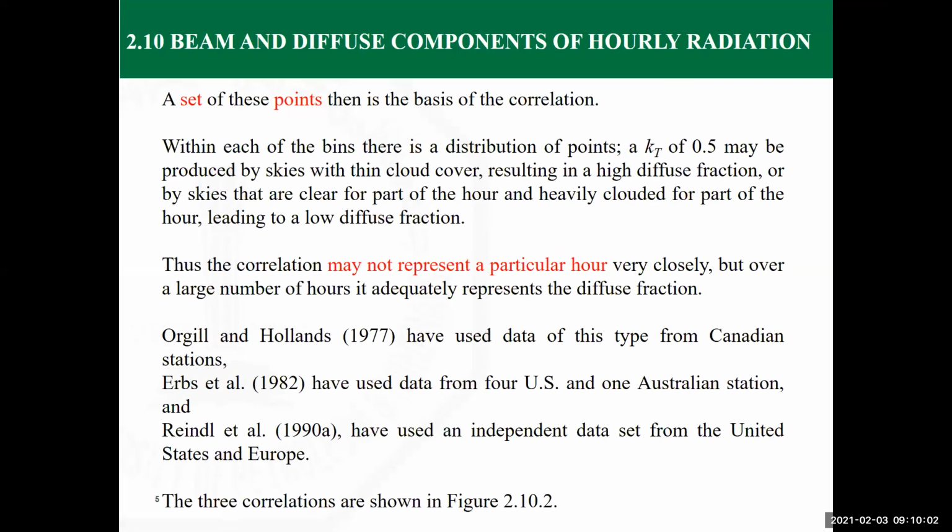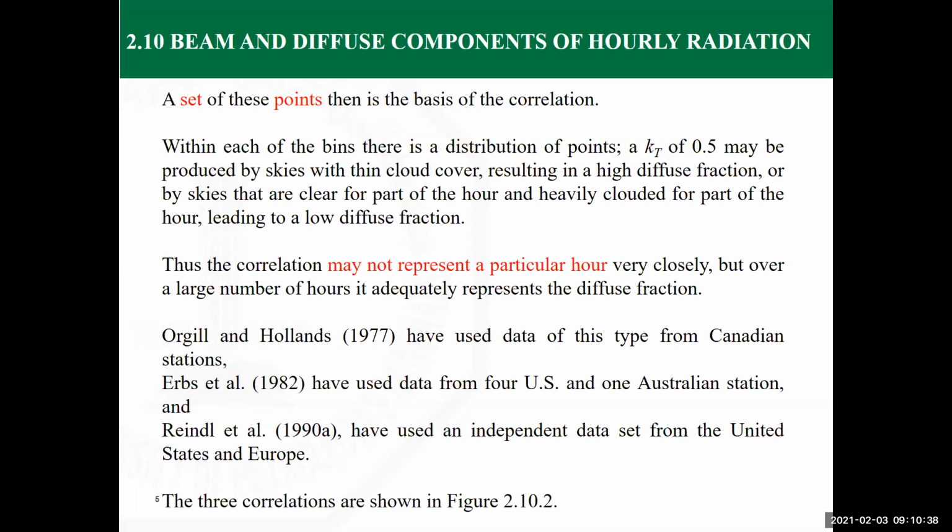Within each group or cluster of the data, there is a distribution of points. For example, a KT of 0.5 can be obtained in different conditions. It could be a sky with a thin cloud cover, so we are talking about a high diffuse fraction, or a sky which is clear for part of the hour and heavily clouded for the other part, which leads to a low diffuse fraction. What this means is that the way you interpret the data is very important.